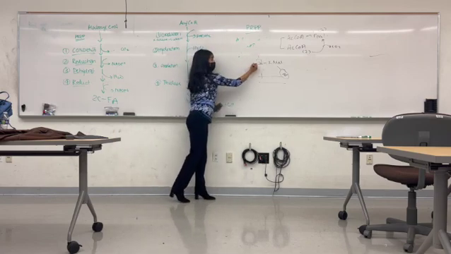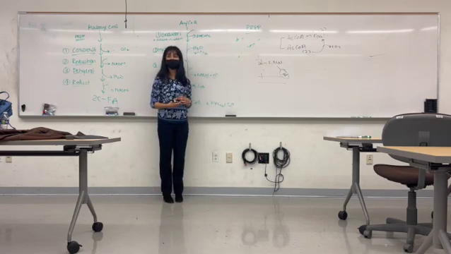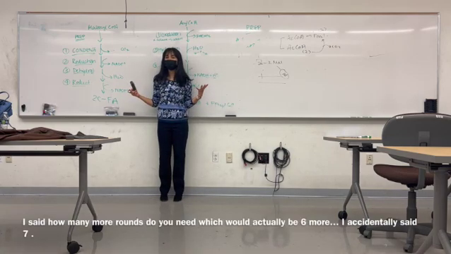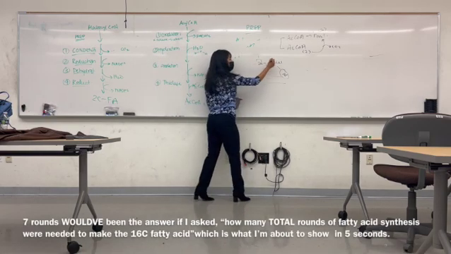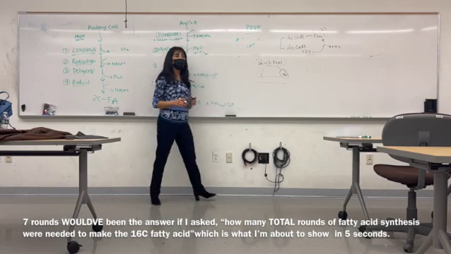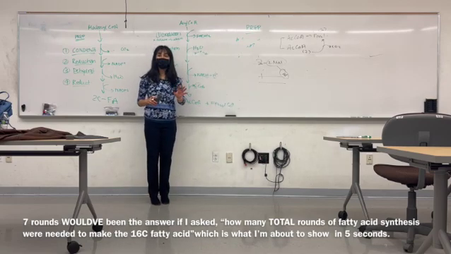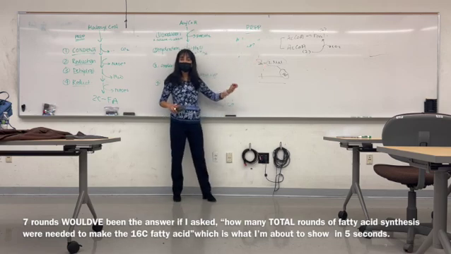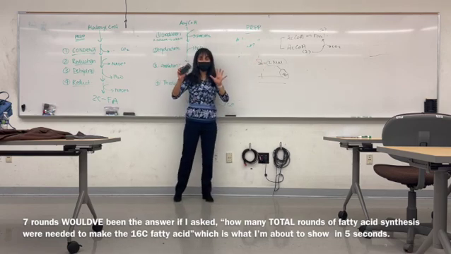So how many more rounds do you need to do 16 carbons? 7. You need 7, right? You already had these already here. You don't say 8. You already had the 2 there from the preparatory step. Transferring the 2 carbons is only 7 times.